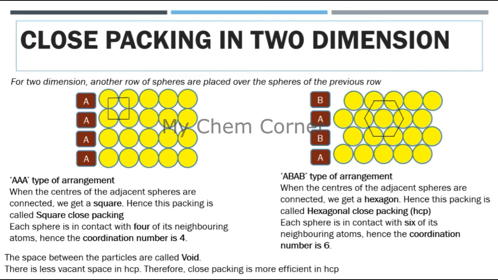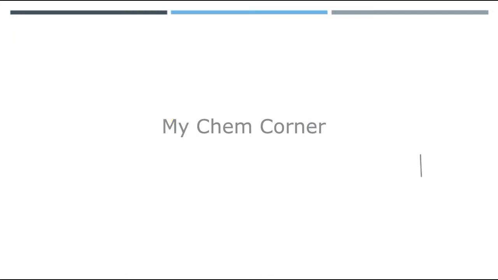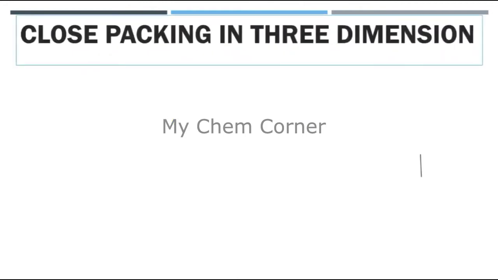Alright, so now we know how to find out the 2-dimensional close packing from a 1 dimension. Let's move into the next one, which is close packing in 3 dimensions. Now here we need a lot of imagination. Of course, I will be showing you the diagram, the model and all of that, but you need to have a lot of imagination so that you can understand how this entire concept of 3 dimensions works.